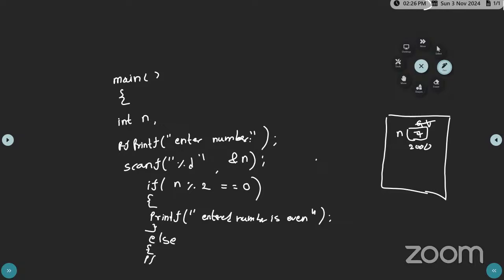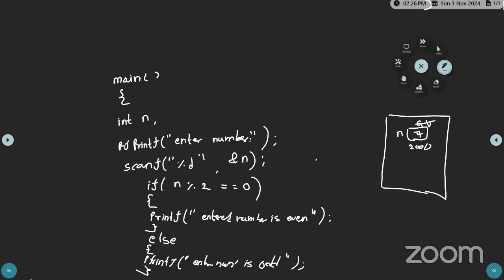Tell me. If it is not divisible by 2, then it should be an odd number. So printf "Entered number is odd."